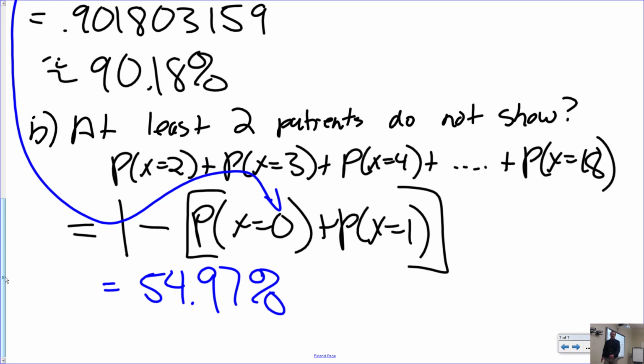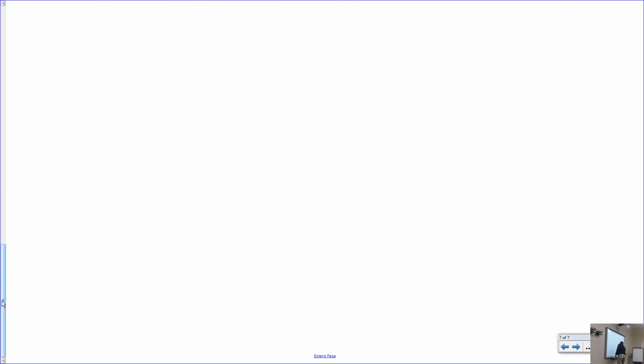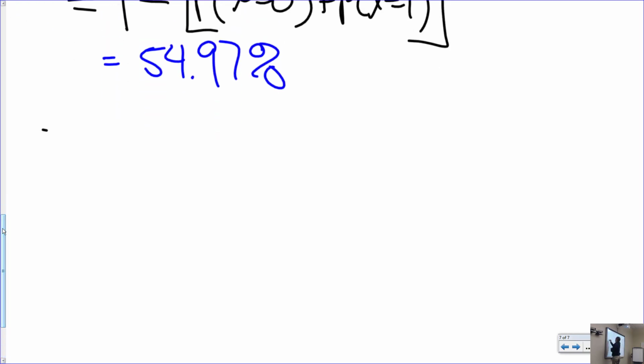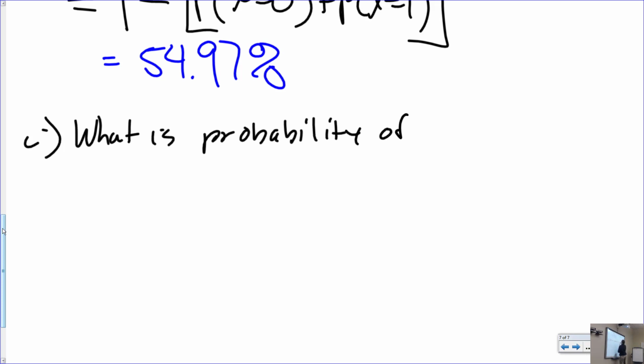All right, so anyways, this is just to give you an idea of the sorts of problems you're going to have to deal with when it comes to Chapter 5 stuff. What do you do for the percentage for the last one is 100% then, right? And it's been all show? That everyone shows? No, it's not everyone. So C is, what is the probability of 0 no-shows? If everybody shows up, that means that you have nobody not showing, right?